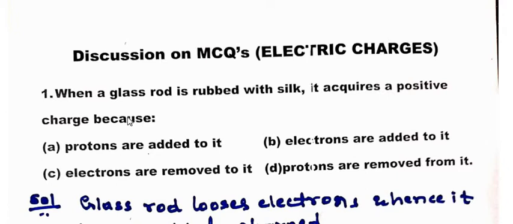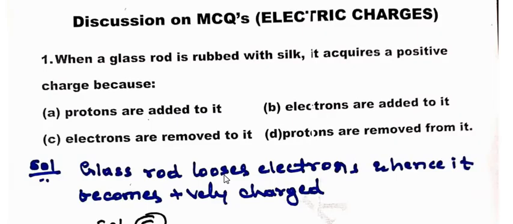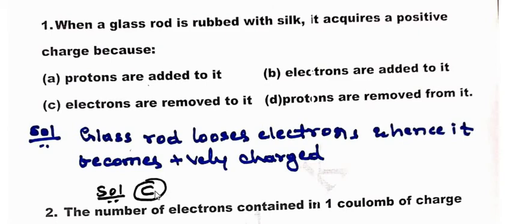When you rub both against each other, electrons get transferred from glass rod to silk. That means now the glass rod is deficient of electrons, so it is positively charged, and the silk has excess of electrons, so it becomes negatively charged. The glass rod becomes positively charged as the electrons are removed from it. So the choice should be C.